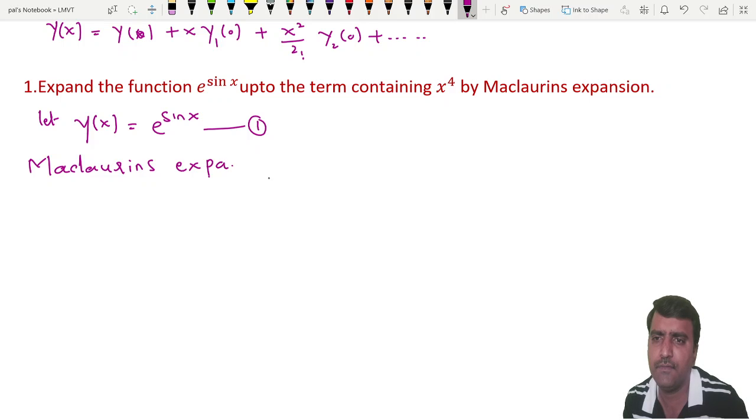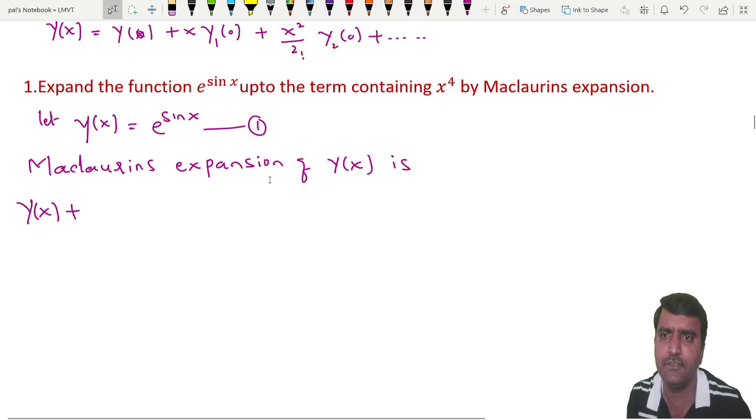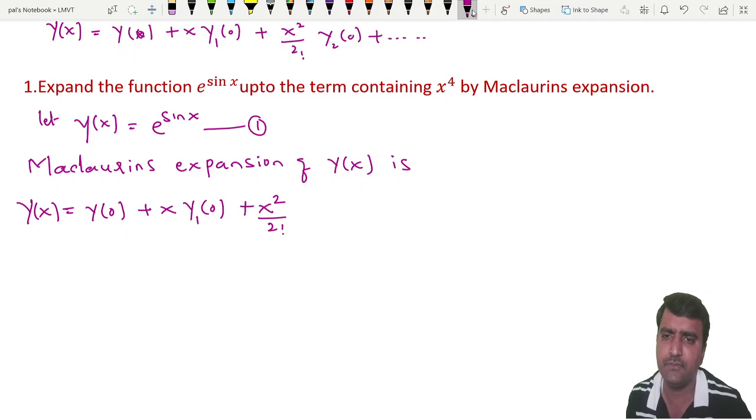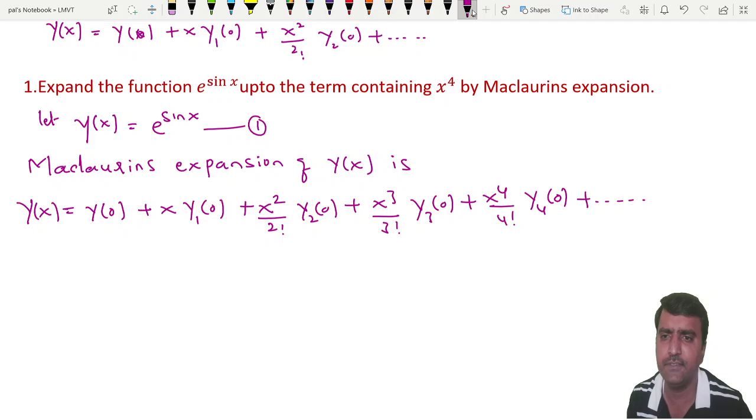Maclaurin's expansion of y of x is y of x equal to y of 0 plus x into y1 of 0, that is the first derivative of y at the point 0, plus x square by 2 factorial into y2 of 0 plus x cube by 3 factorial into y3 of 0 plus x to the power 4 by 4 factorial into y4 of 0 plus it continues like this.